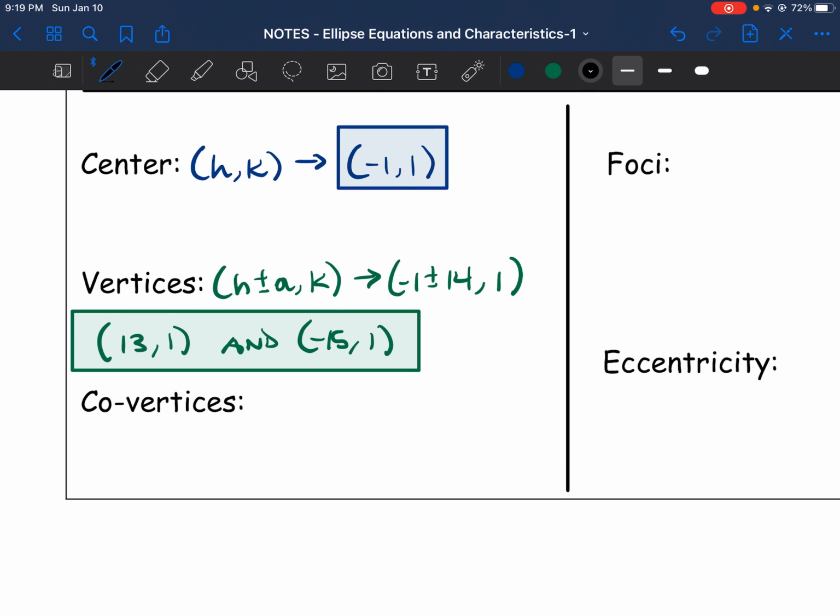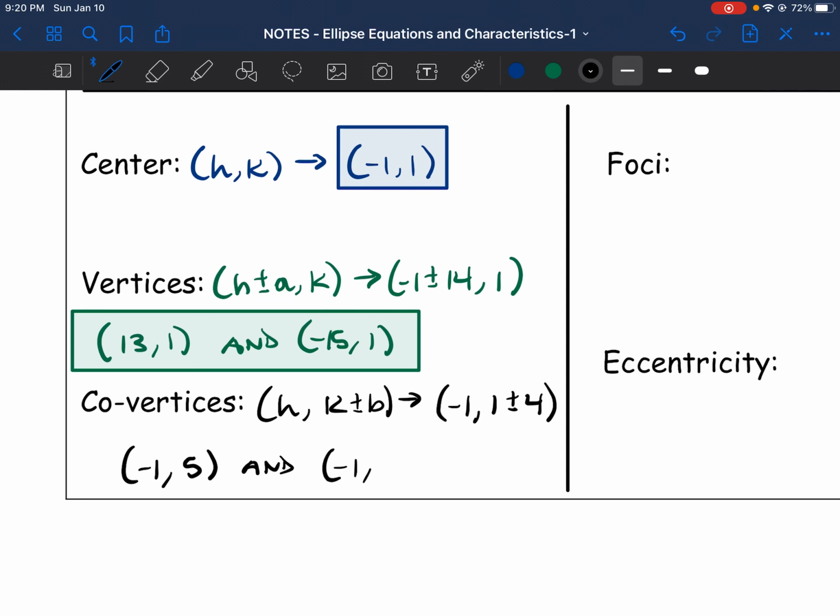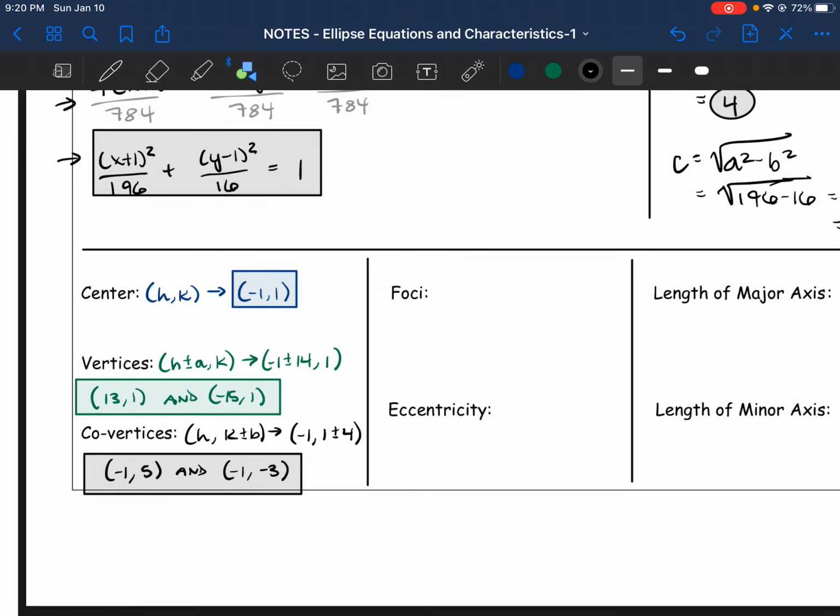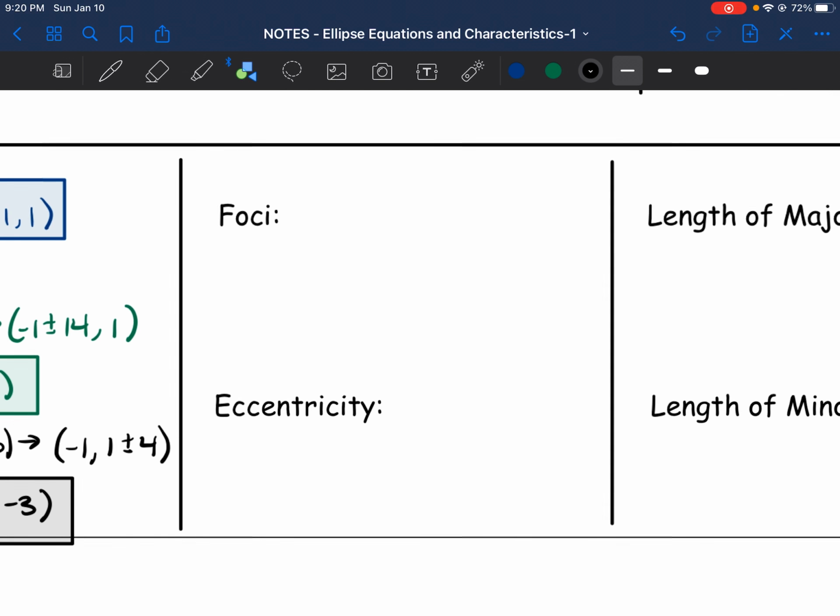Covertices are going to be given by the formula (h, k plus or minus b). In this case, we found h to be -1, k is 1, b is 4. So (-1, 1 plus or minus 4). That's going to give us the covertices (-1, 5), from the 1 plus 4, and (-1, -3) from the 1 minus 4. Okay.